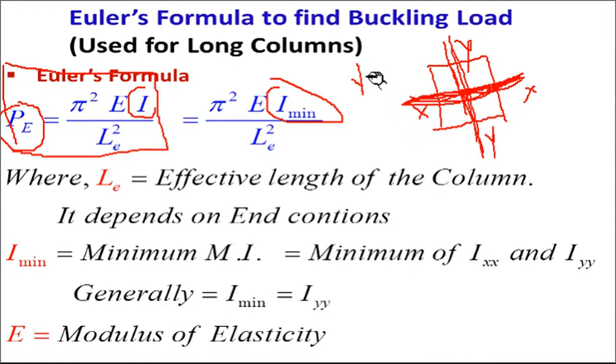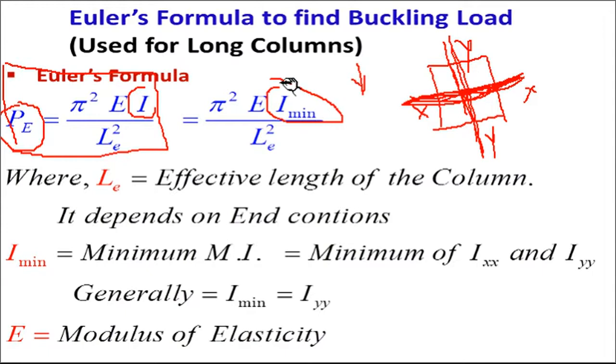If suppose you have taken Ixx here instead of I minimum, what will happen? That column will be safe against xx only, it will not be safe against the minor axis yy. That column will buckle about the yy axis. To avoid buckling about any critical axis, this I minimum should be considered.